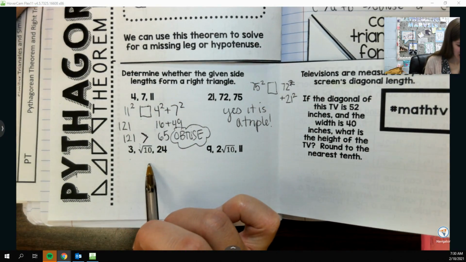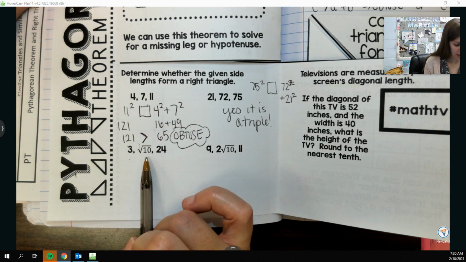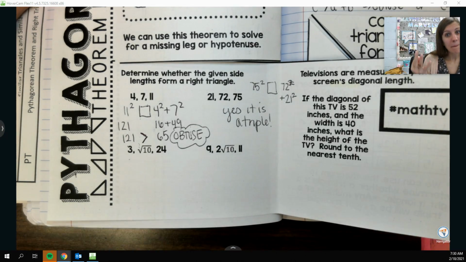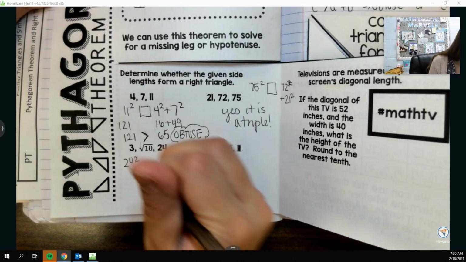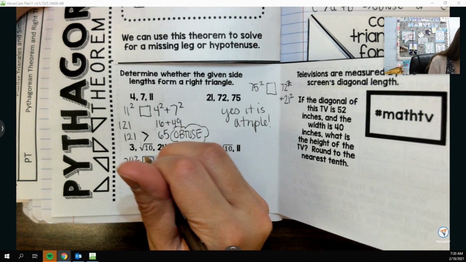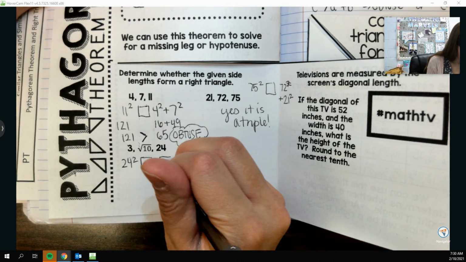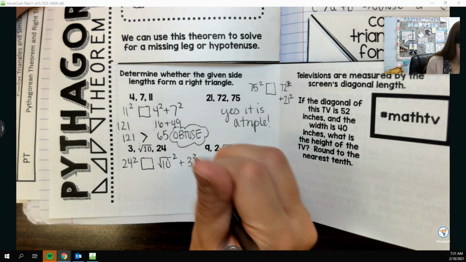This one I can already tell won't be a Pythagorean triple, but it might still make a right triangle. And I can tell because that's square root of 10. That won't make a triple, but it might still make a right triangle. So we'll do 24 squared, potential hypotenuse because it's the biggest, is maybe equal to the square root of 10 squared plus 3 squared. I feel like not.